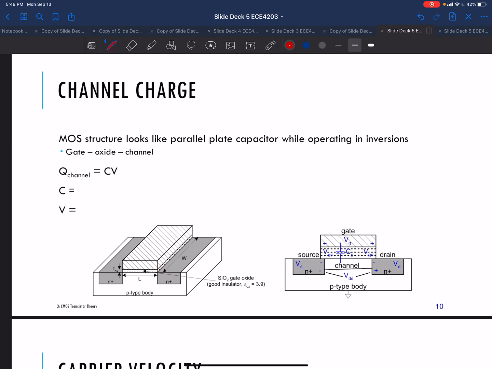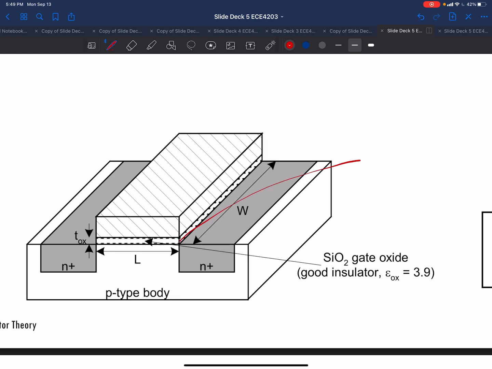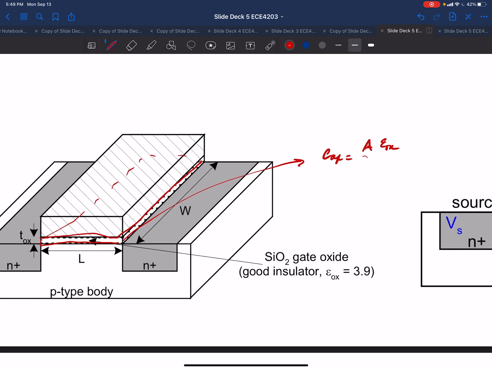If I zoom in here, this capacitance is the area of this plate, area times the permittivity of the oxide, over the thickness of the oxide.